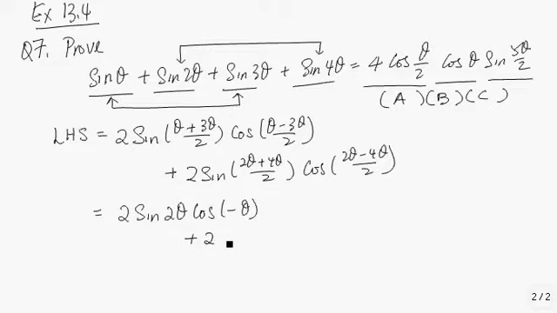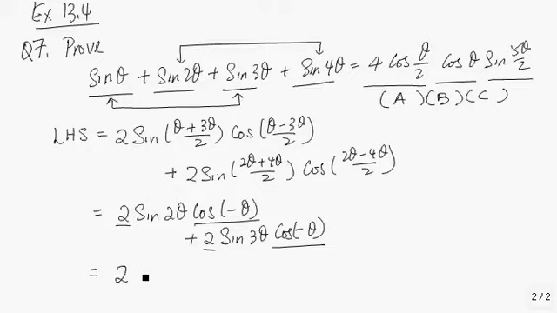We have the common factor, cosine, as well as the 2. So we're going to take common factor 2 cosine negative theta, and what we have left inside is sine 2 theta plus 3 theta.